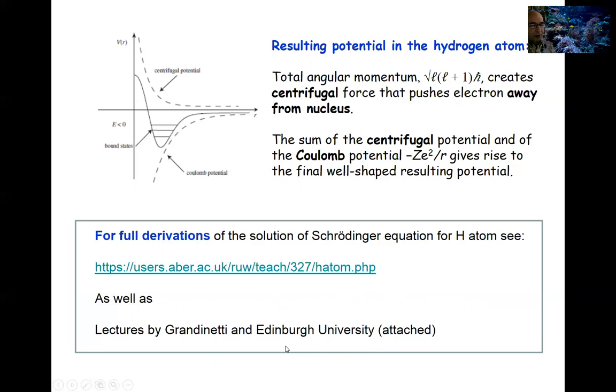I attach all of them in the package which you get for this lecture as PDF files, so you can see how these derivations are made, basically using Laguerre polynomials and different approaches to solving differential equations.